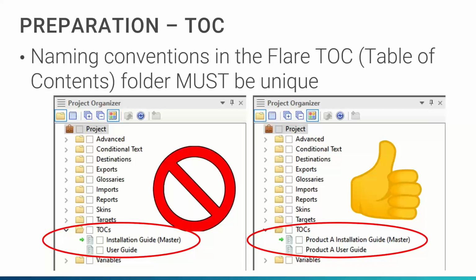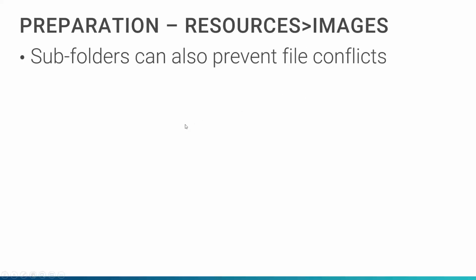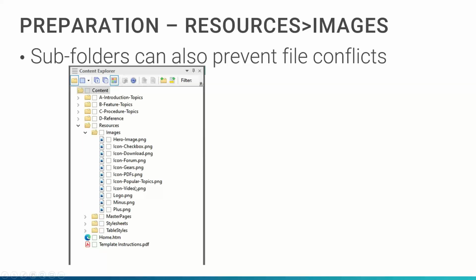And I hope you're noticing a trend here. This really applies to any file type that could be redundant between your production projects. And so the last one we will look at, for example, is images. If we go into the resource folder and look into images, again, this is where subfolders can really make this process much more reliable.